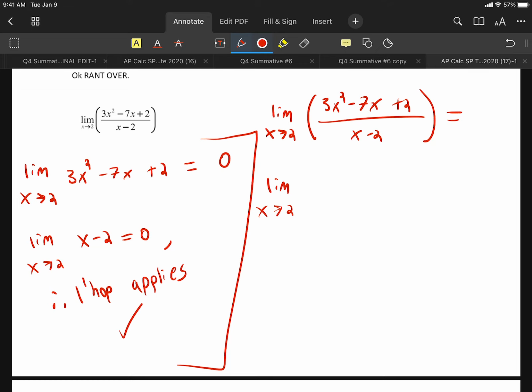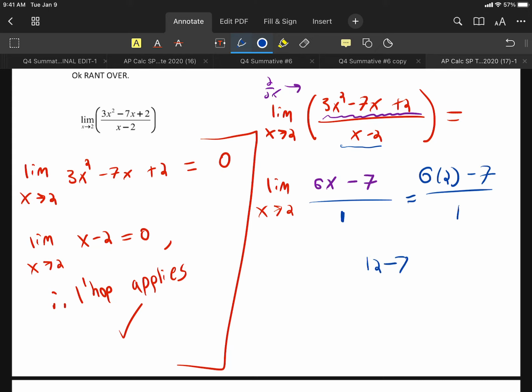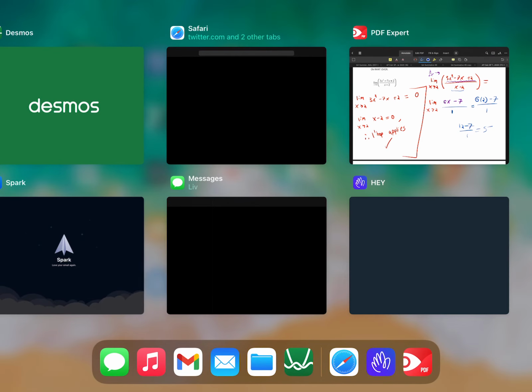You can say, okay, the derivative of 3x squared, so let's take the derivative with respect to x, is 6x minus 7. And that's going to be all over the derivative of x minus 2, which is 1. We plug in here. We'd have 6 times 2 minus 7 over 1. We'd have 12 minus 7 over 1. We would get 5 there as a final answer.